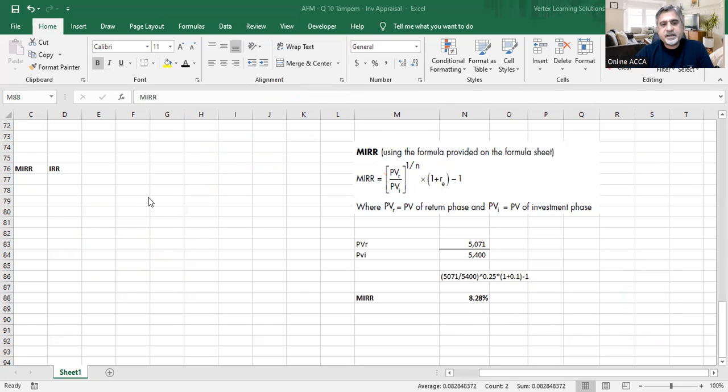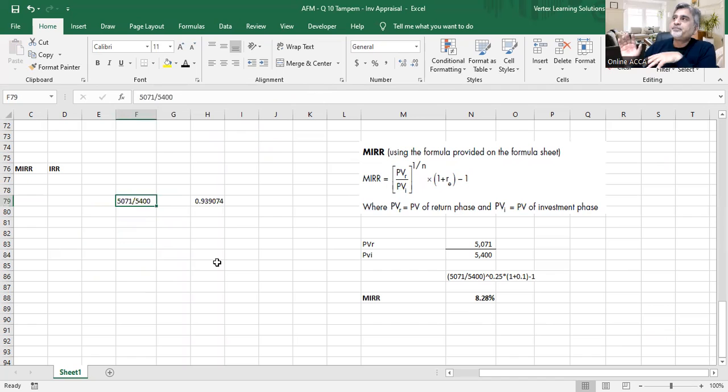Let's suppose if I just put the numbers. So if I just say that, okay, I've got 5071 divided by 5400. This is not required actually for the sake of this lesson. We are just discussing so that we understand. So understand, while investing in this project, I'm only getting 93% return back because I'm investing 54 and I'm getting 55.